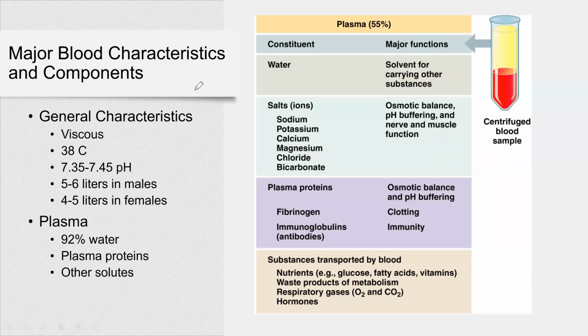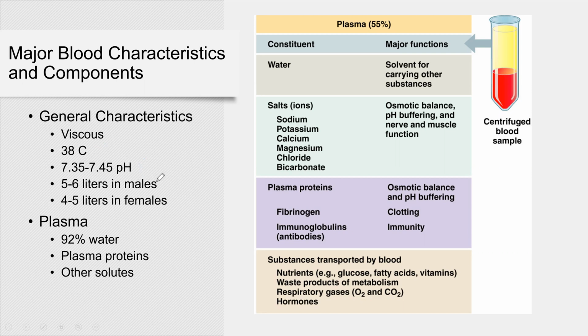Now, a major characteristic of blood is that it is a viscous fluid. The temperature is a little bit higher than your core body temperature, because your normal body temperature is about 37 degrees Celsius, and your blood is 38 degrees Celsius. pH is 7.35 to 7.45, and you have about 5 liters of blood.